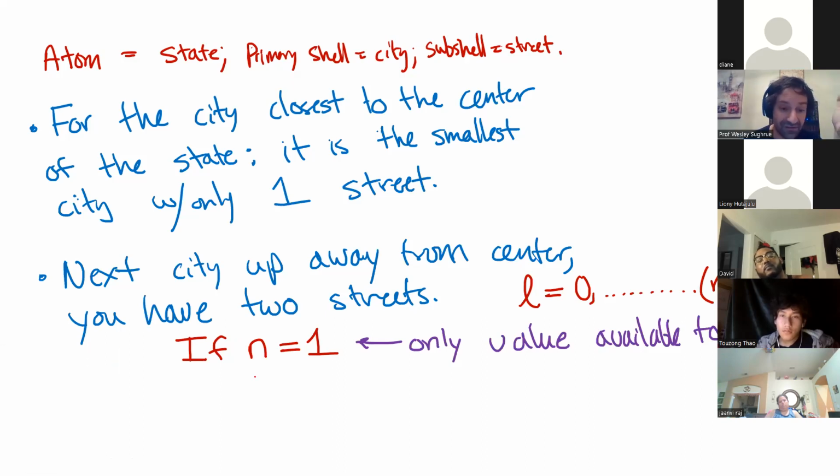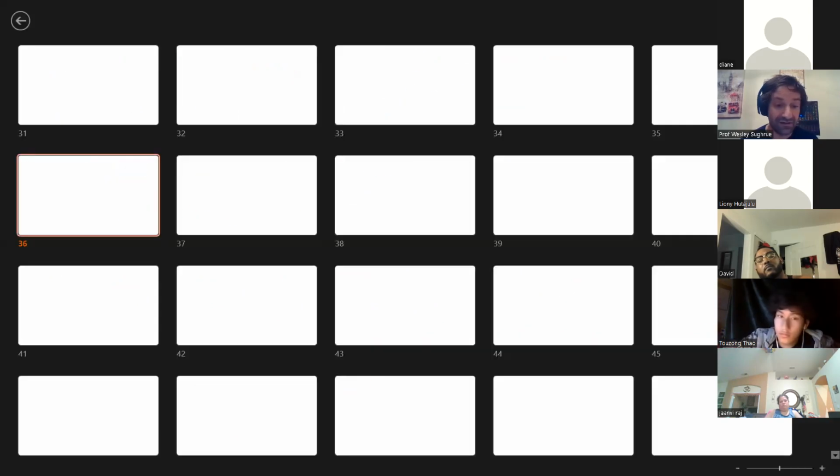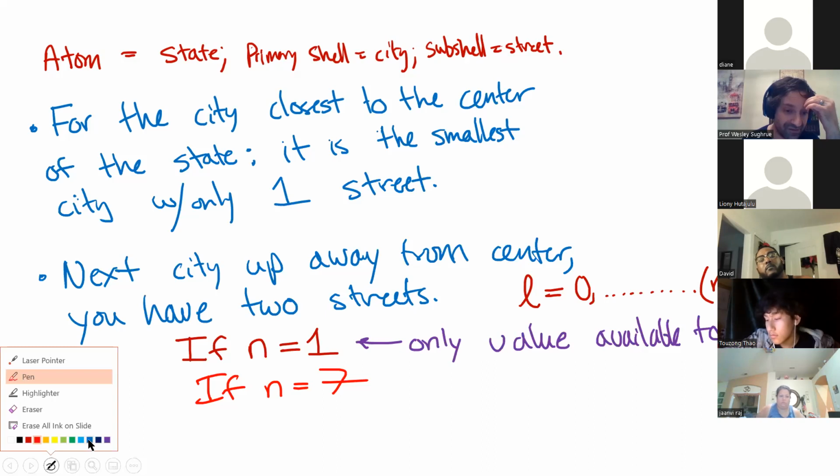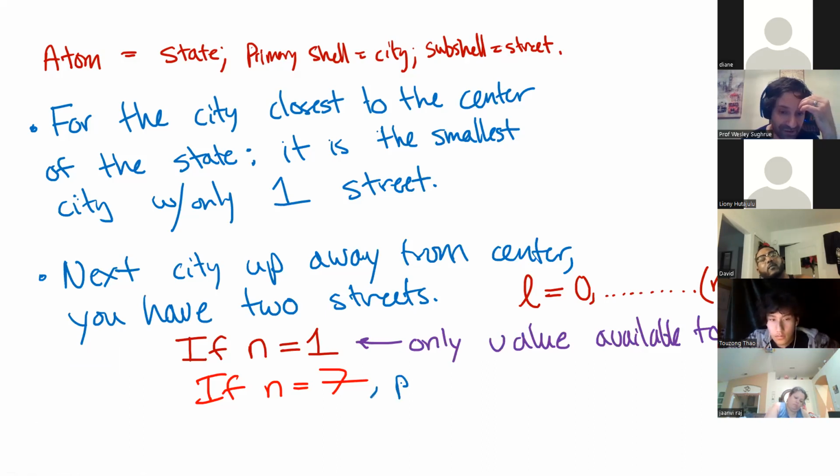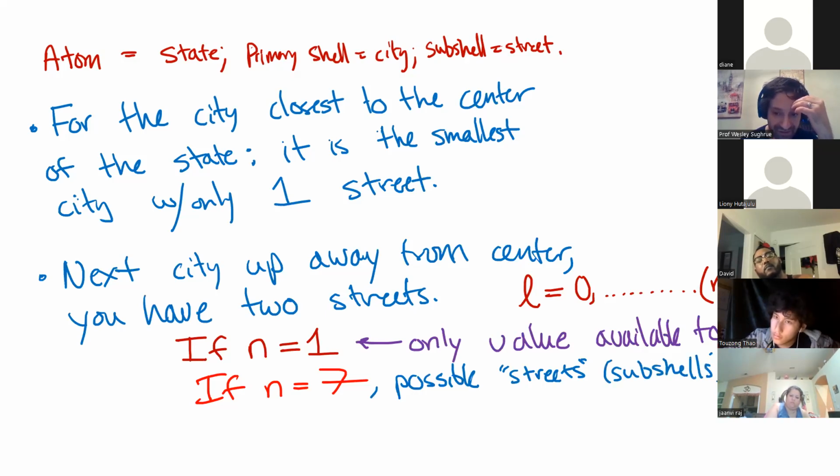So just a couple more examples. If n is equal to 7, the possible streets within our city known as 7, or to be completely accurate, the subshells available, are the streets or subshells 0, 1, 2, 3, 4, up to n minus 1, which means we cannot go past 5 and 6.